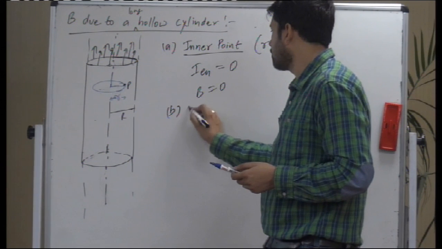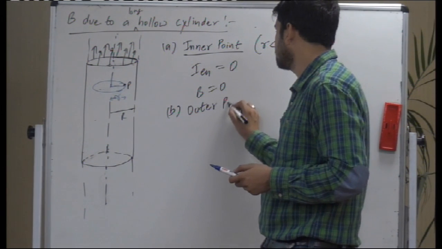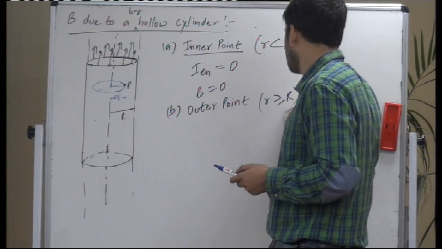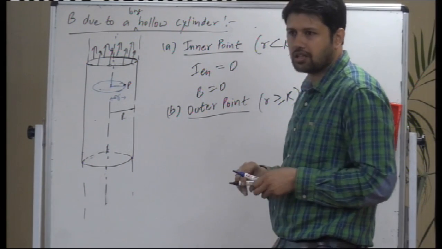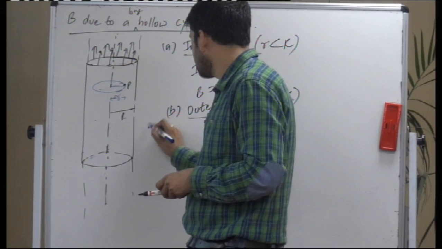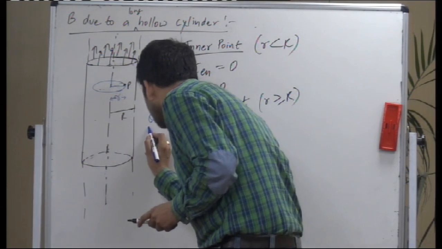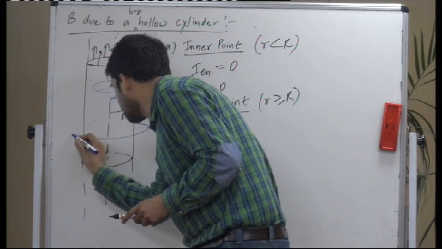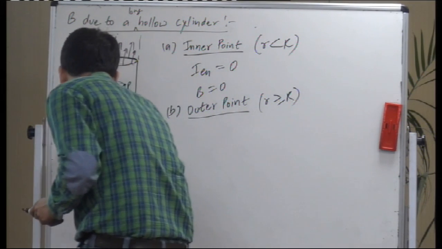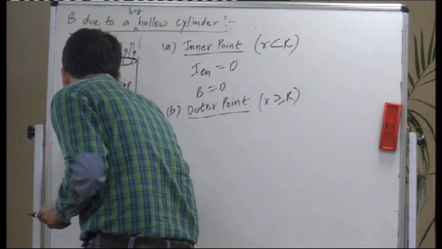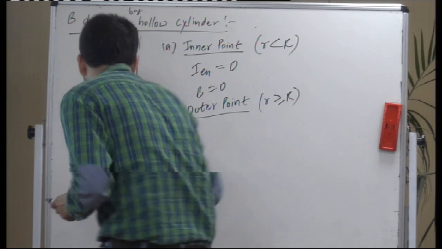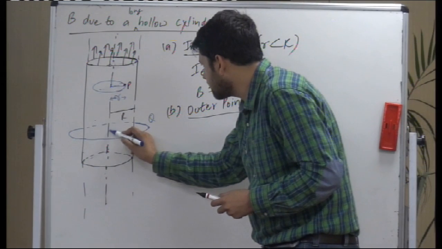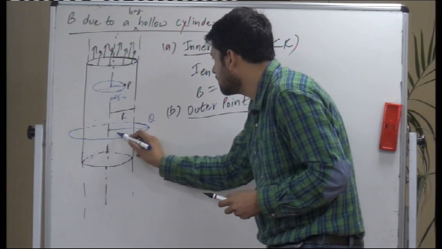So for an outer point, for which r is greater than or equal to R, let's say we have a point Q here. This kind of loop is there. Again, this distance is small r.